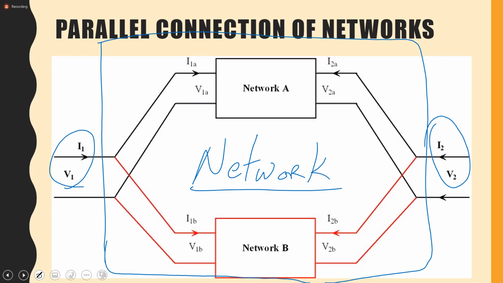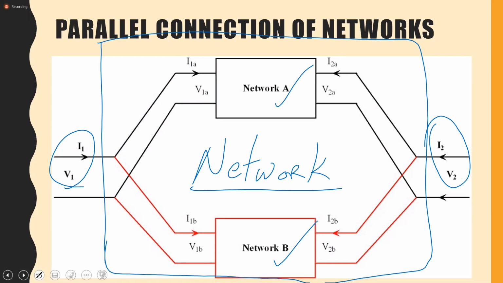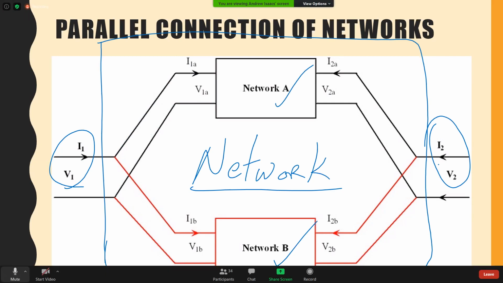So those are the voltages and currents at the input and output of this single network. And again, this single network consists of networks A and B. Are we clear? Can we proceed? Everybody have the diagram? Yes, sir. All right, thank you.